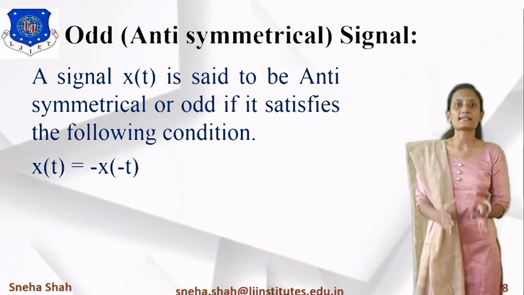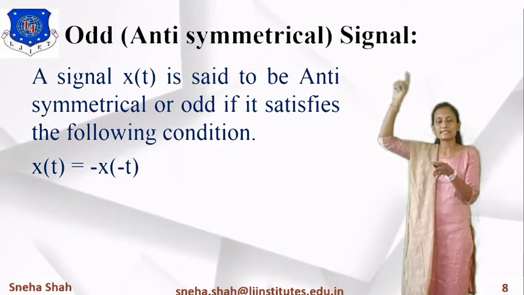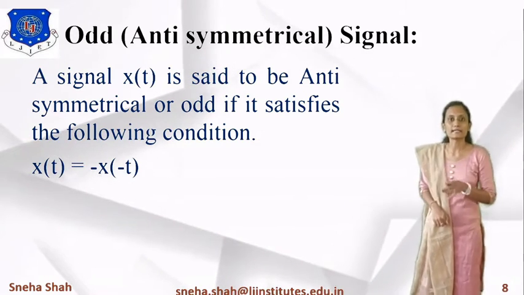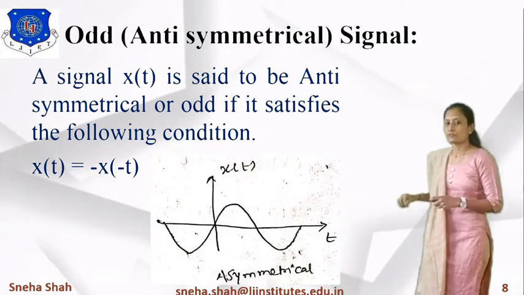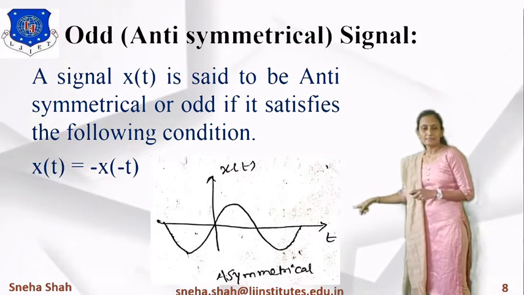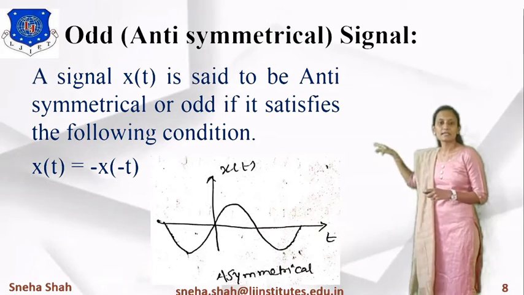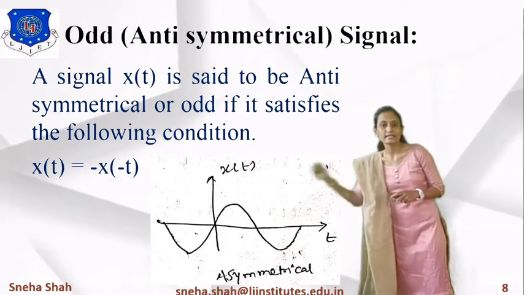So from this we can say that, from the y-axis, if the positive part is in the increasing form, then on the negative side it will be in the decreasing form. So this type of signal is considered an odd signal. From this diagram you can see that in the positive part the signal is positive, and for the negative part it is in the decreasing form.